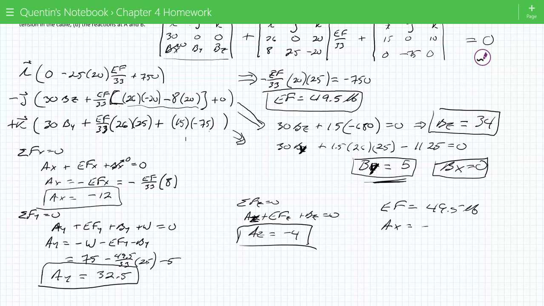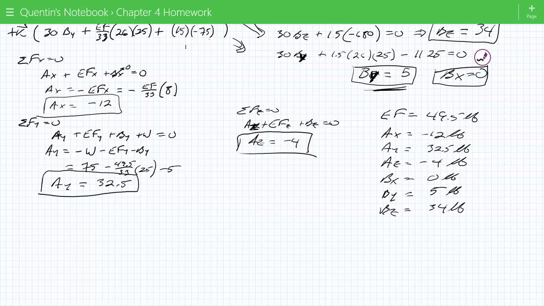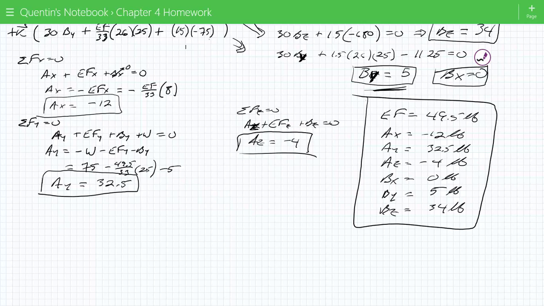AX is equal to minus 12 pounds. AY is equal to 32.5 pounds. AZ is equal to minus 4 pounds. This is where I like putting BX is equal to 0 pounds. It's just to make it clear that there could be a force there. It's just we're defining it as not being there. BY is 5 pounds and BZ is 34 pounds. And that's it. That's your answer.